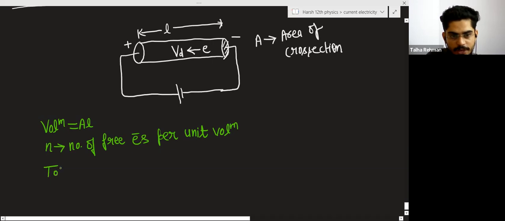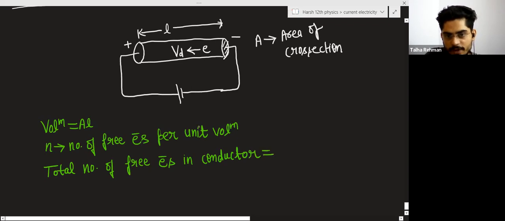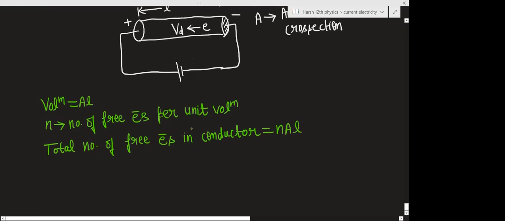If you want to find the total number of free electrons in the conductor: in 1 meter cube there are n electrons, so in A L meter cube there are n A L electrons.